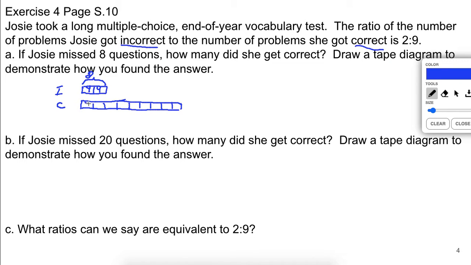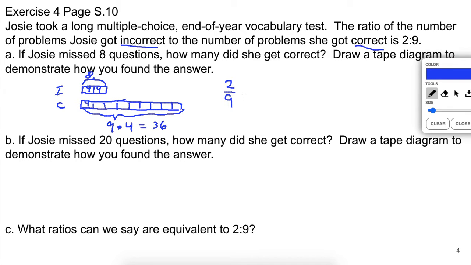That means each one of these boxes, again, these bins or boxes are the same size. So that means this one is equal to 9 times 4, which would give us 36. So that's what we end up with on that one, using the tape diagram. Using our ratio, we have 2 to 9.